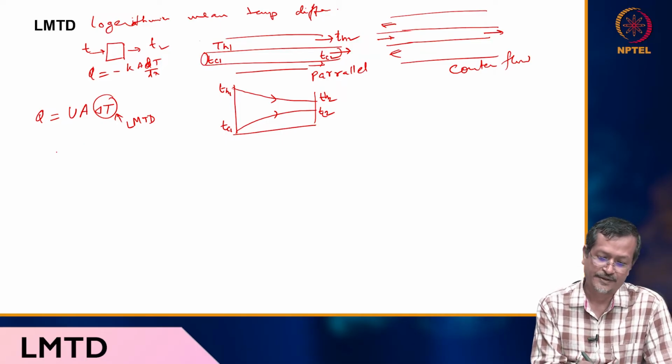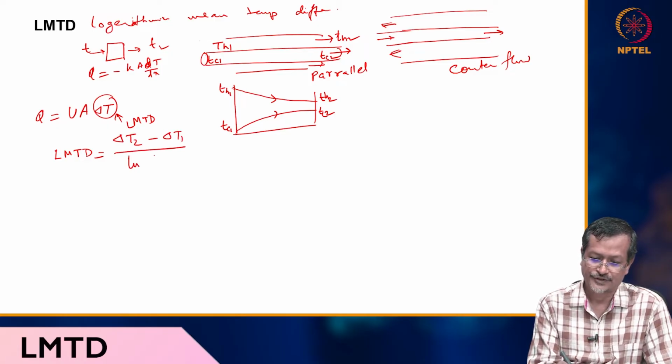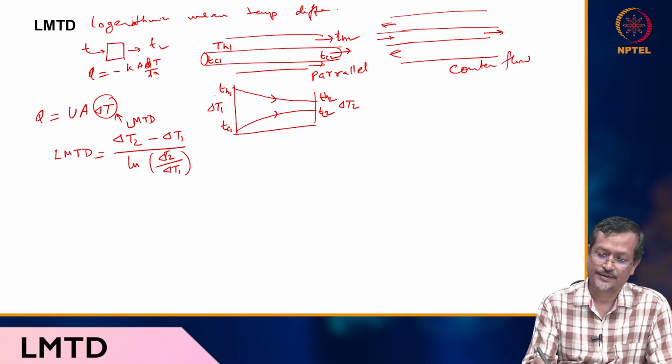So how is LMTD calculated? The LMTD formula is: LMTD equals (del T2 minus del T1) divided by natural log of (del T2 by del T1). This is del T1, this is del T2, this difference.